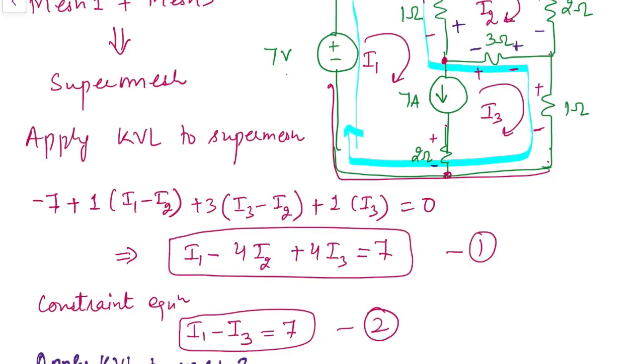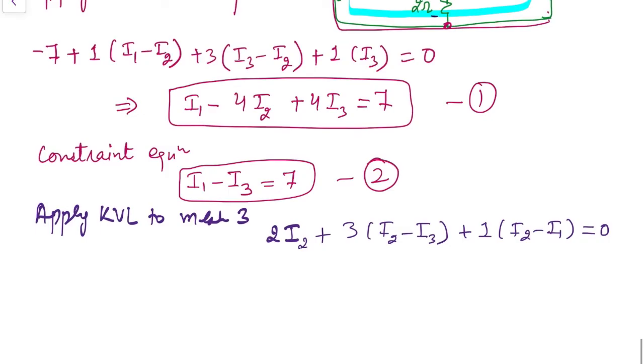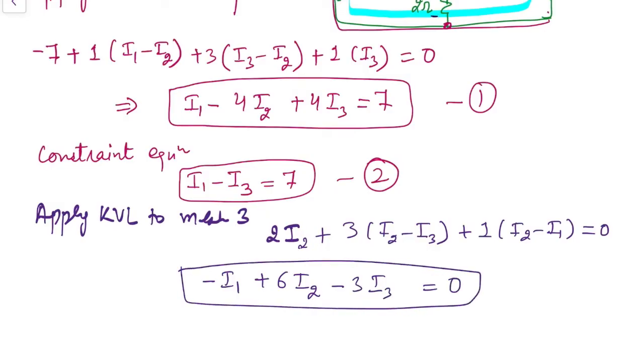For the 1 ohm resistance, the lower terminal is positive and the upper is negative as per the direction of current I2. So plus 3 into (I2 minus I3) plus 1 into (I2 minus I1) equal to 0. When we rearrange the terms, the final equation is minus I1 plus 6I2 minus 3I3 equal to 0. This is our third equation.